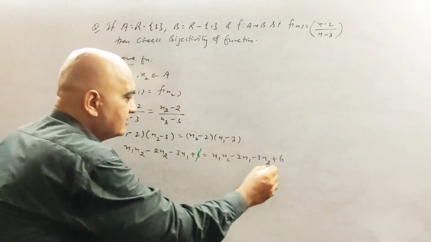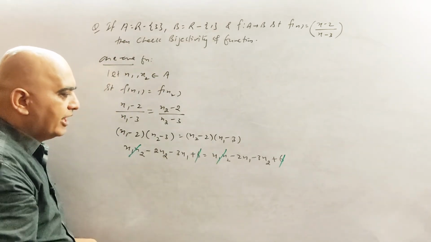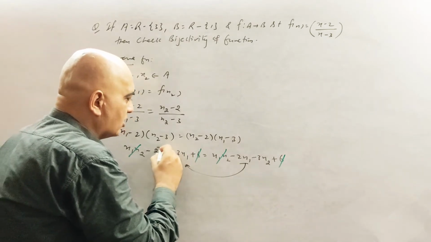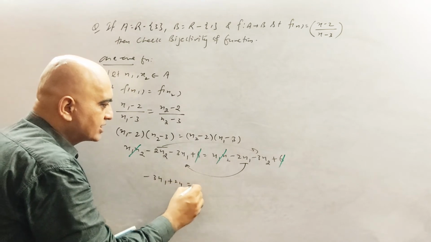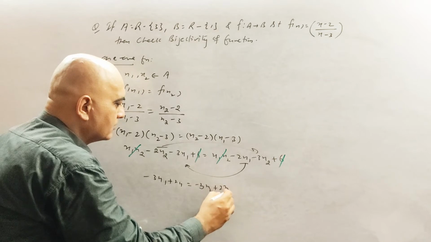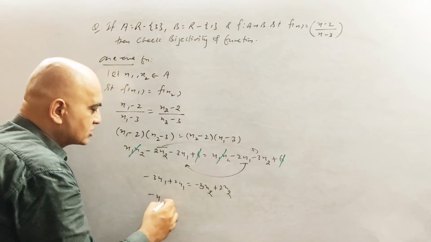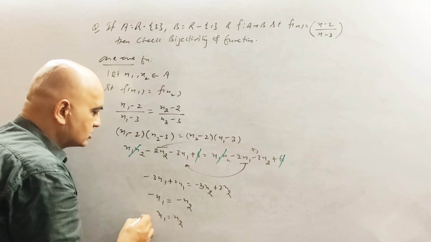This 6 is cancelled, right? And x1x2 is also cancelled, and take x2 on one side and x1 on the other side. We get minus 3x1 plus 2x1 equals minus 3x2 plus 2x2, right? That is minus x1 is equal to minus x2, x1 is equal to x2.